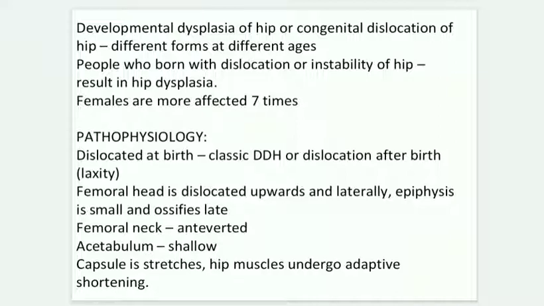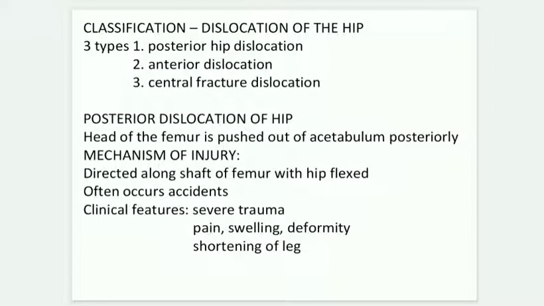While in classification, dislocation of hip is of 3 types: posterior, anterior and central fracture dislocation. In posterior dislocation of the hip, the head of the femur will be pushed out, posteriorly to the acetabulum.